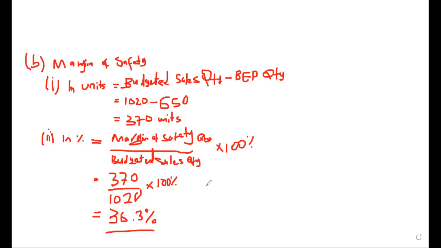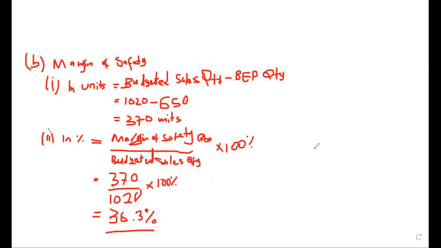Okay, so this is how we calculate, or this is how we can express the margin of safety in percentage form.